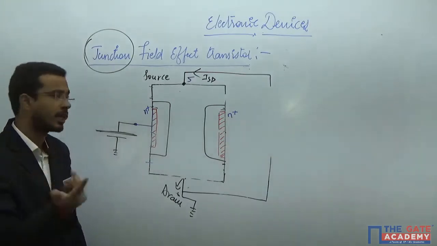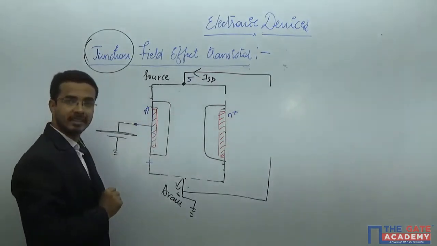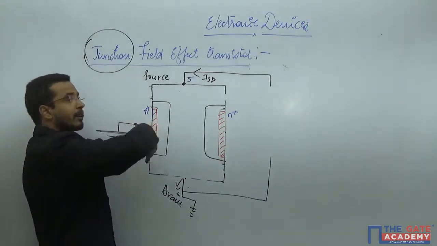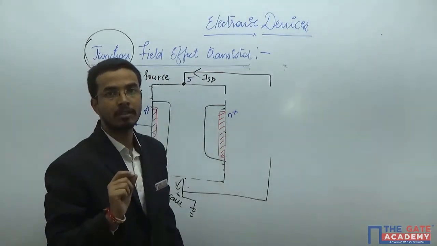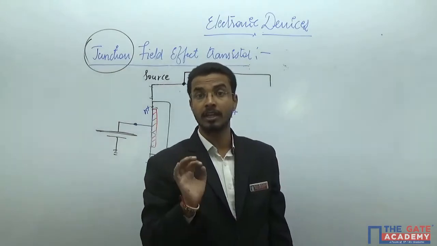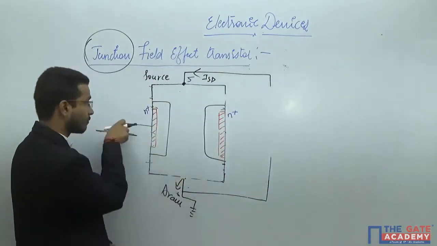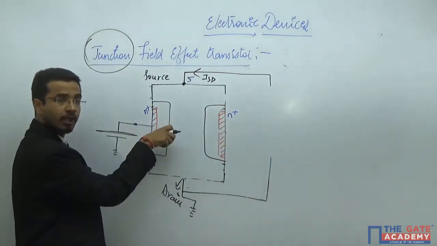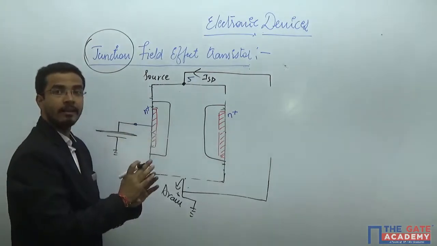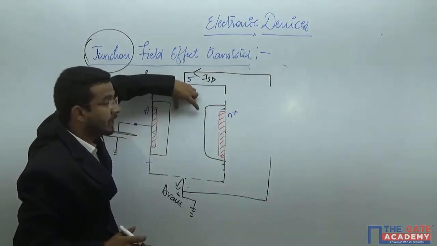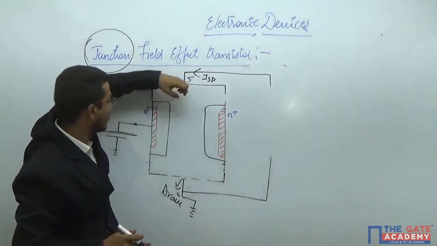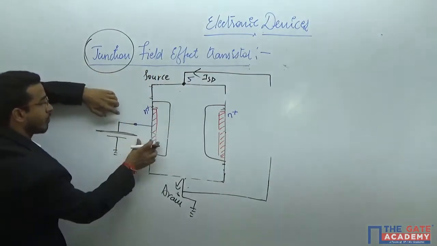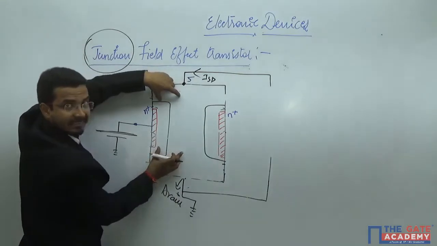So you can see here two types of electric fields are acting. The first electric field is lateral and the second electric field is vertical. And all the time you want the current from only the vertical electric field. You don't want any current from this electric field. This electric field can only control this particular region, this available channel, because if you increase this reverse bias voltage, the depletion region will increase.